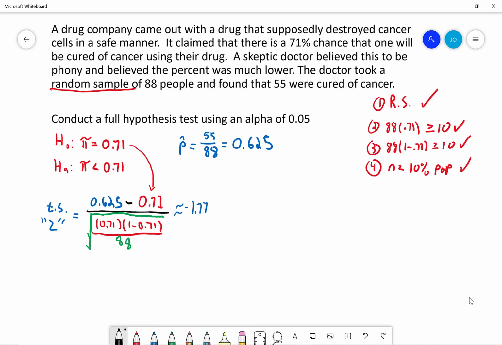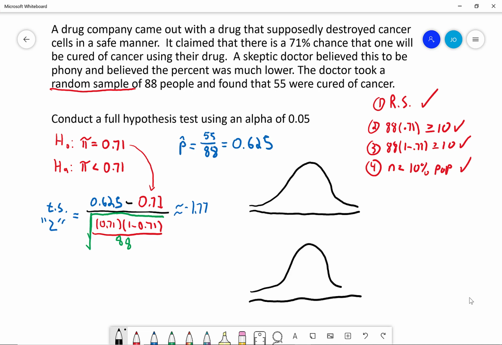Over here, I'm going to draw a distribution. And we have two different distributions we can think about these things in terms of. We can think about it in terms of our distribution of sample proportions, or we can think about things in terms of our standardized distribution, our z distribution.